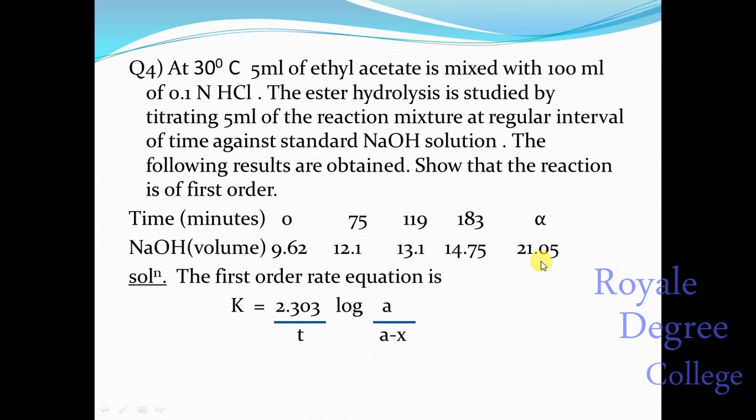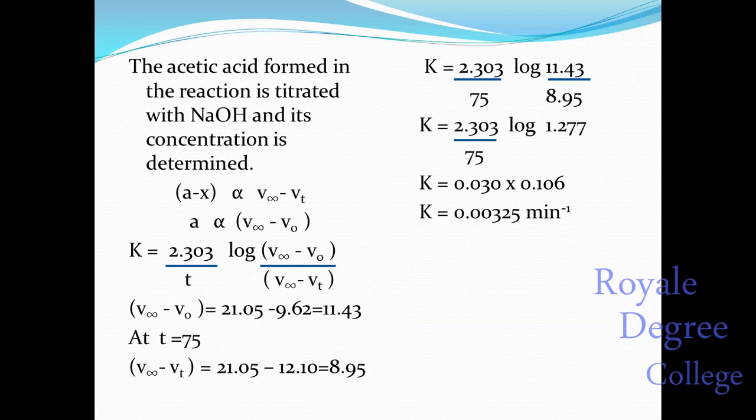So here we'll see the solution. The first order rate equation, we all know, is k equal to 2.303 by t log a by a minus x. The acetic acid formed in the reaction is titrated with sodium hydroxide, and its concentration is determined. Look here, a minus x is proportional to V infinity minus Vt, that is volume at infinity minus volume at time t.